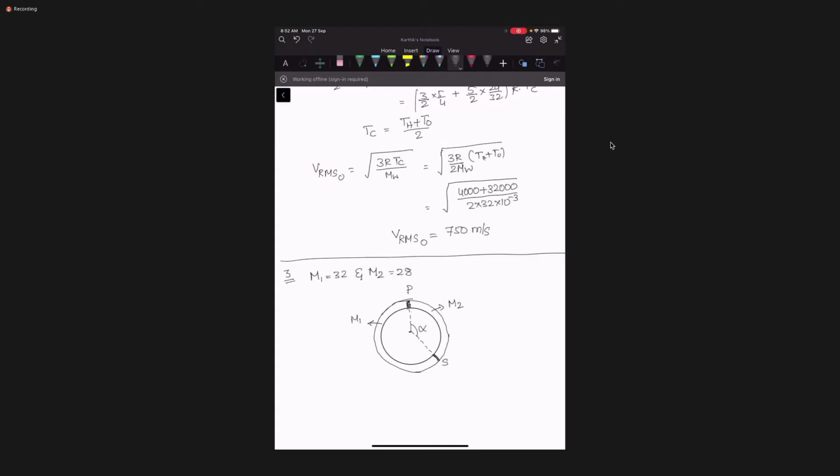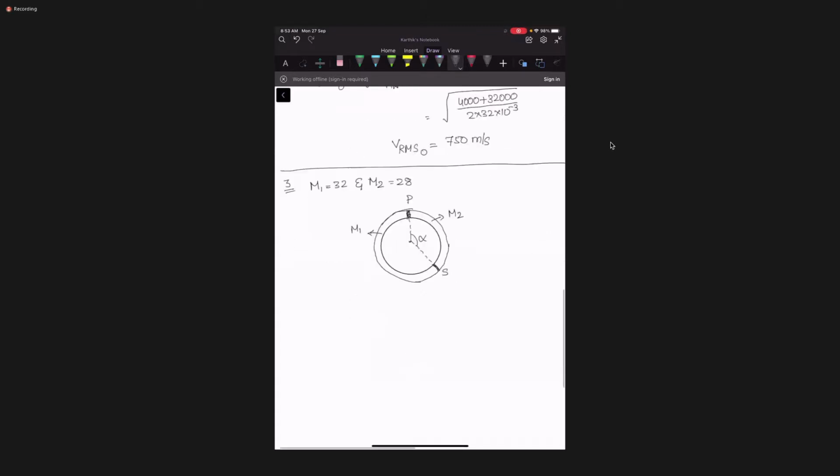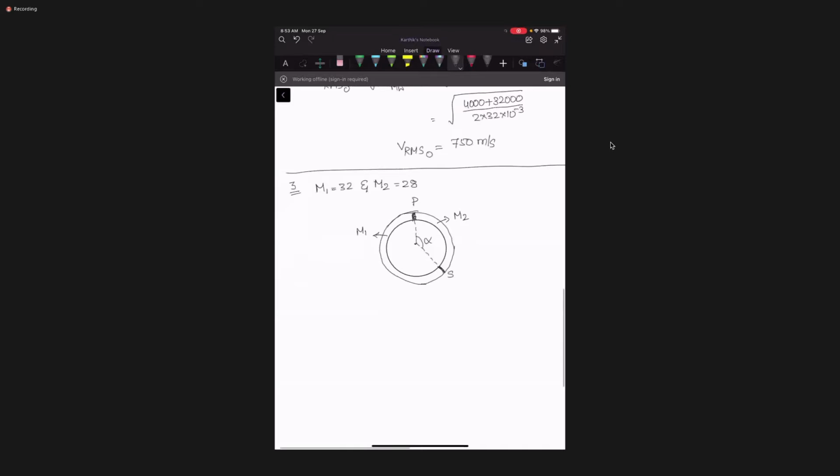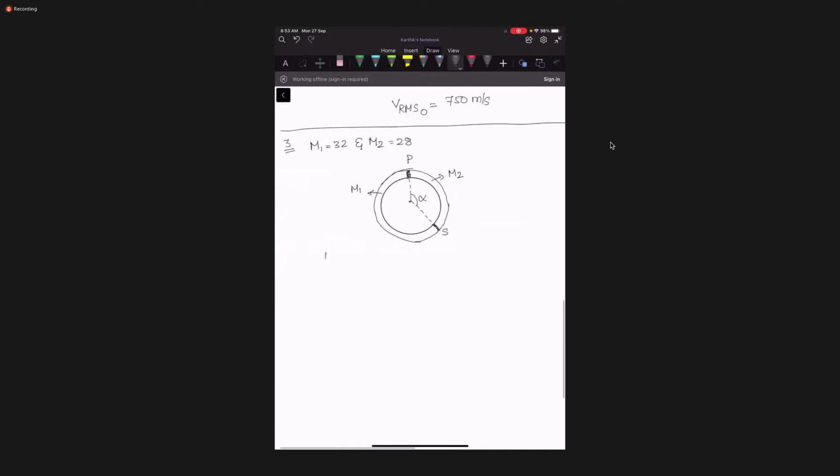It is in equilibrium, which means the pressure exerted by 1 should be equal to the pressure exerted by 2. And it is not heated or anything, so the temperature should also be equal.